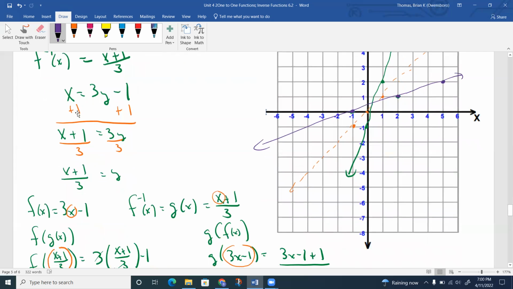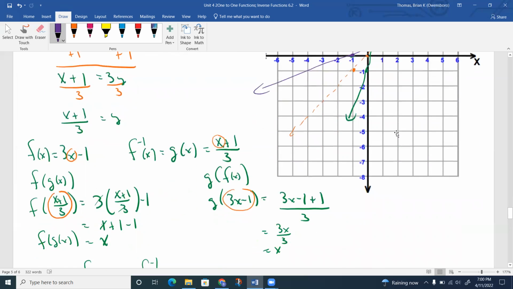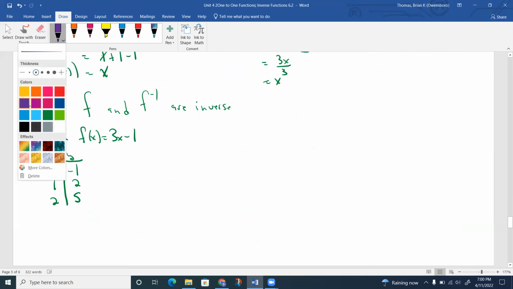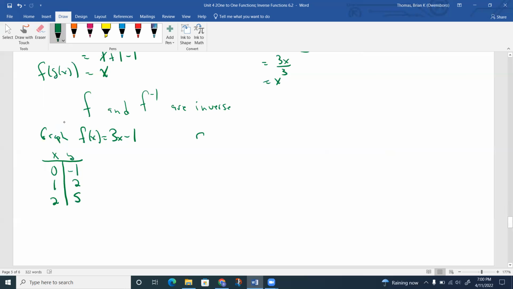Notice that since these are lines, there aren't any domain or range restrictions. So if I write it down, we have f of x equals 3x minus 1.